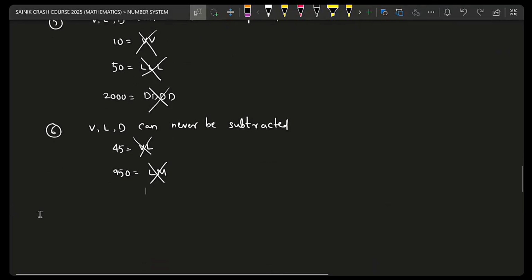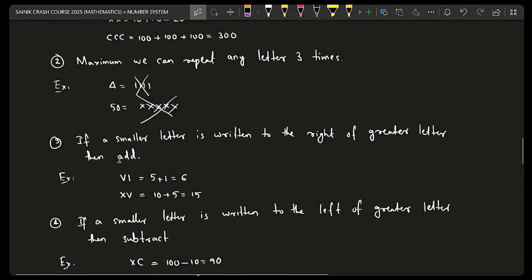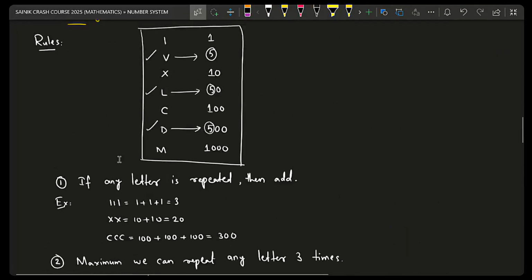And there are three more important rules, regarding which letter can be subtracted from which other letters. If we go back, it will be easy to understand and remember here. So let me erase this. You can remember that I can be subtracted from its next two greater letters only. That means you can subtract I from V. You can subtract I from X, but you cannot subtract I from other letters.